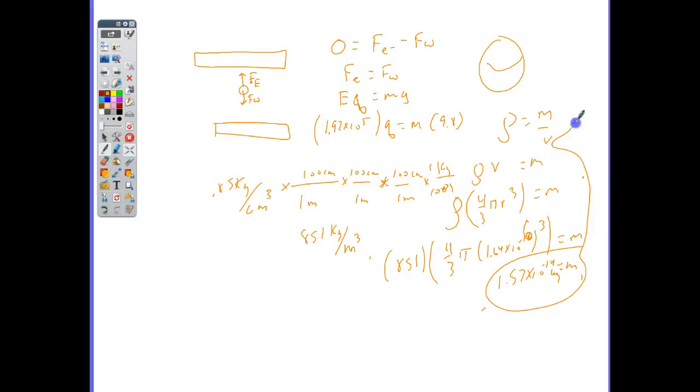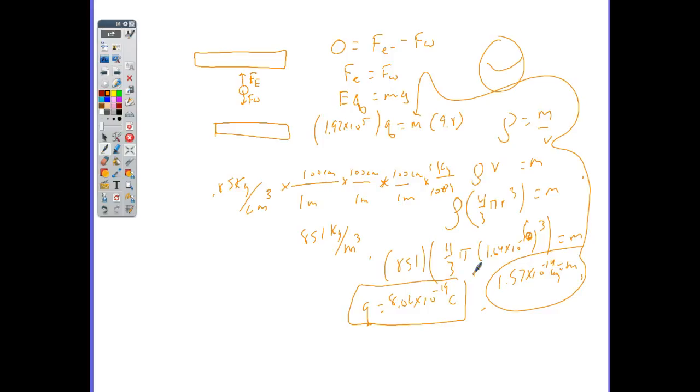I can plug that into this little beastie, times 9.8 divided by 1.92 exponent 5, and I get Q is equal to 8.02 times 10 to the negative 19th coulombs. So that's not what it asks us. We'll get to what it asks us in a second.